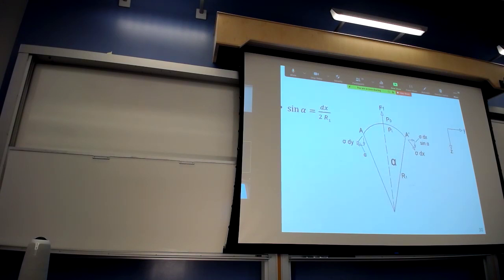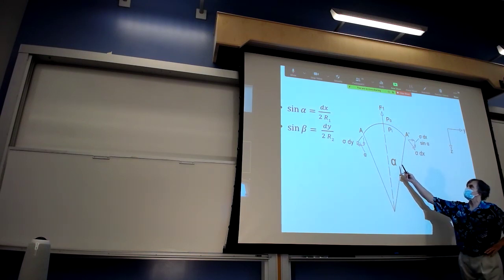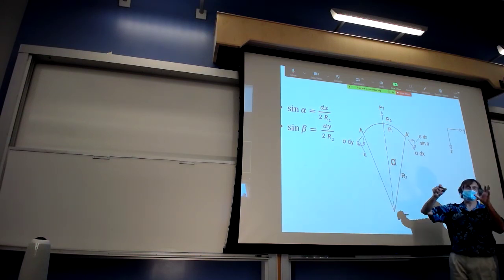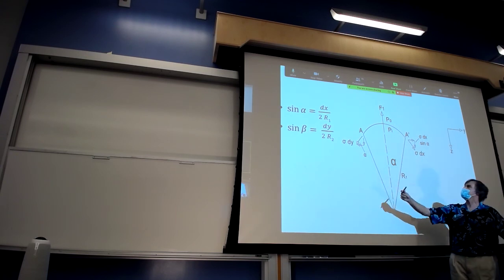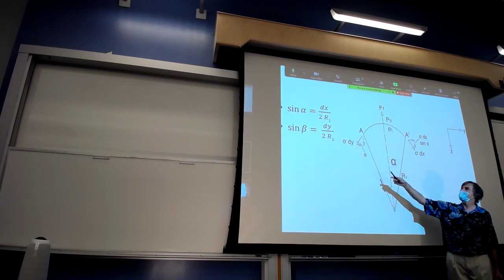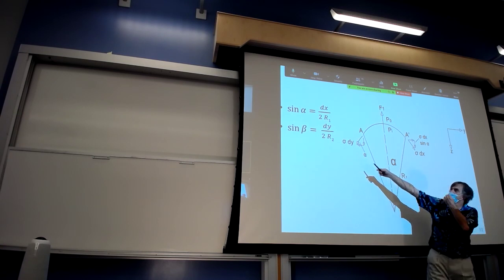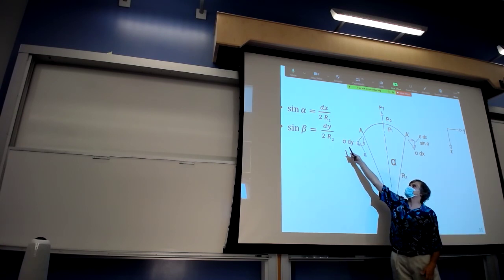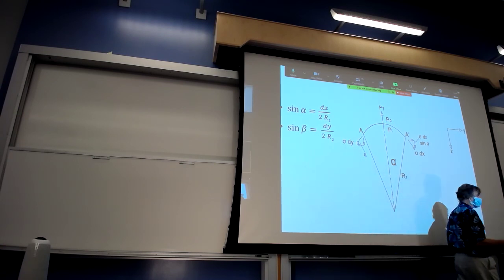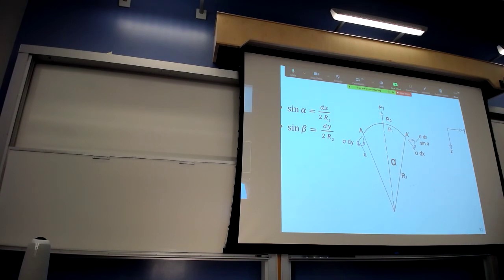Looking at this again, we can take these angles that we just assumed, alpha and beta, through the curvature of the surface and the radius of curvature. We can put those into terms of dx dy and the radii of curvature. So we can define alpha and beta in terms of the x dimension dx, the y dimension dy, and the radius of curvature.